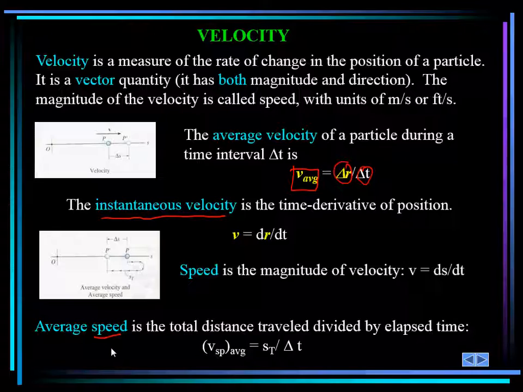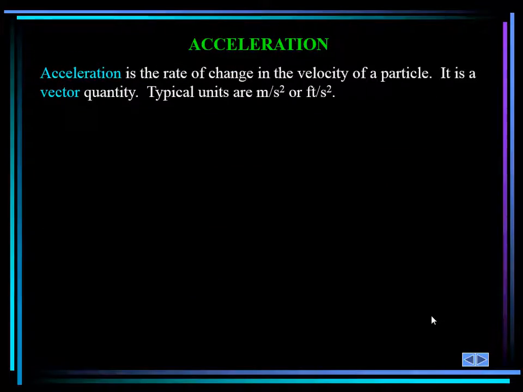Speed is the magnitude of the velocity vector. Just as we defined the average velocity as delta r over delta t, that one is a vector, but this one is a scalar because it's the measure of the magnitude of the vector. It's the total distance traveled divided by the elapsed time.